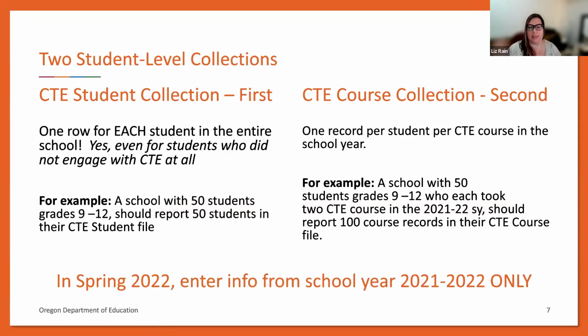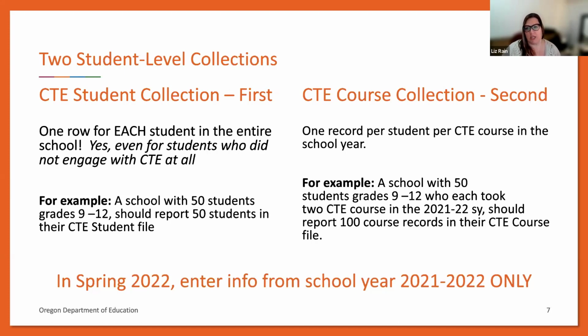So be it that they participated in CTE or did not, they are still listed in this collection. So for example, if your school has 50 students, which I'm sure it doesn't, but a school that has 50 students across all grades, 9 through 12, the collection should have 50 students in that file.